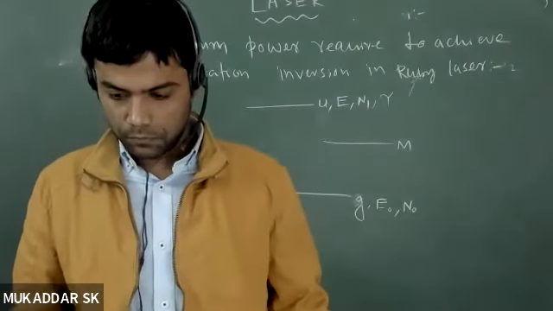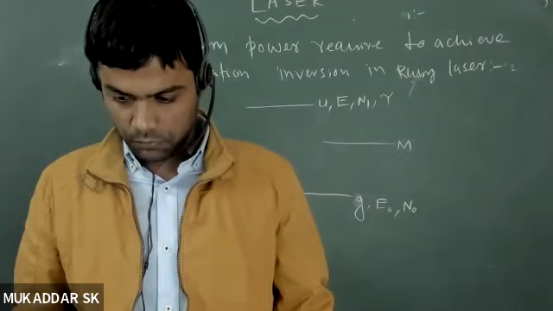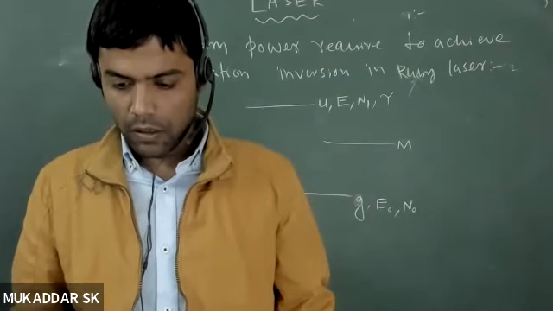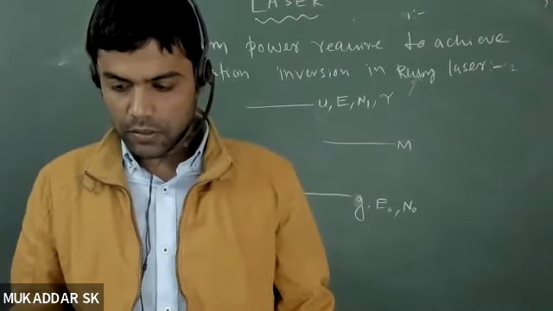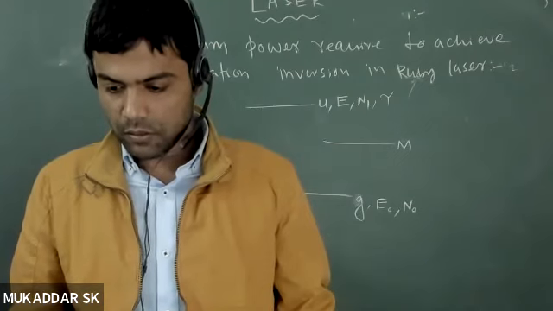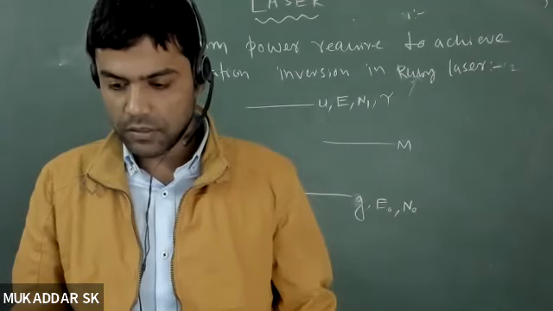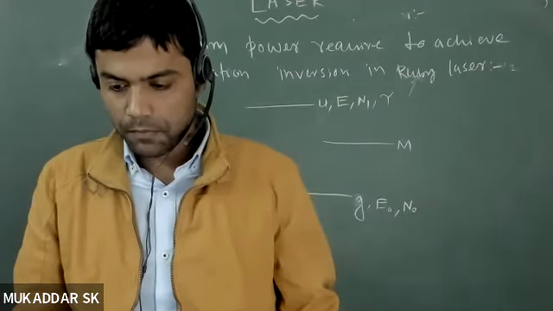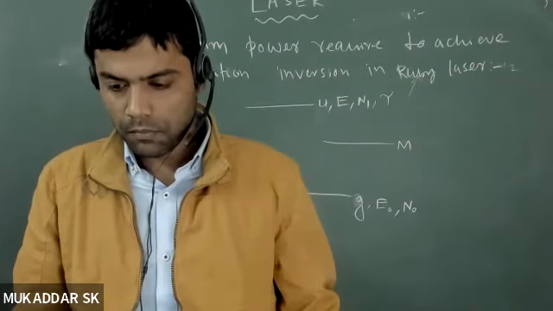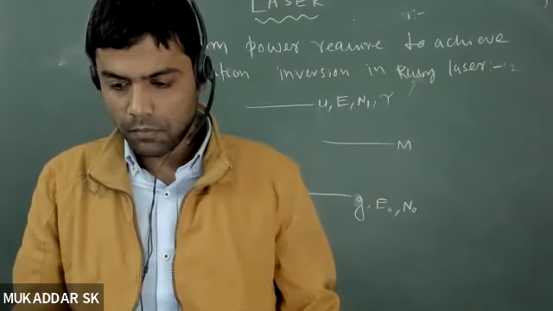Thermal equilibrium means temperature constant. At thermal equilibrium, not only is the temperature constant, the population of each level is also constant. I mean, you have achieved that stability condition of your system. I want to ask, to achieve the population inversion, is it necessary to create the thermal equilibrium?